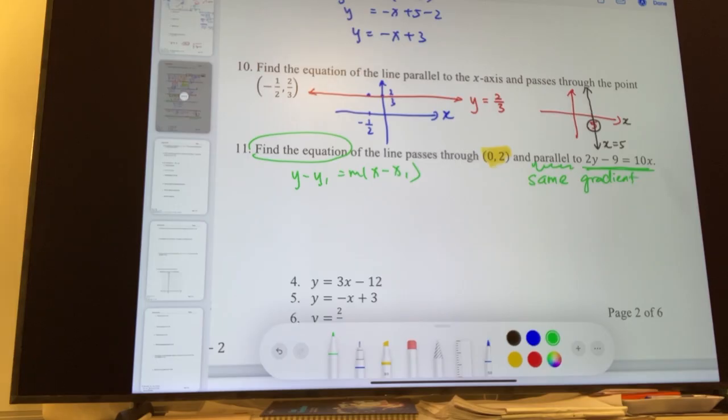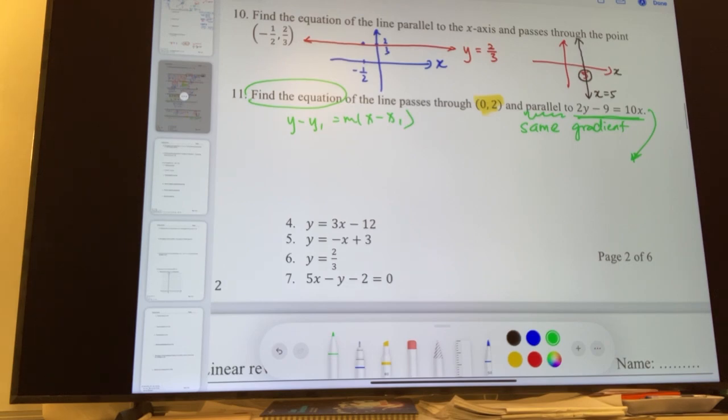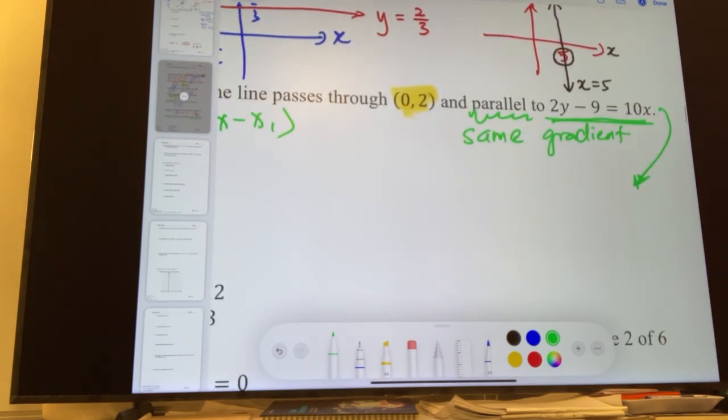Can you find the gradient of this one? Rearrange the equation, make y equal to mx plus c. Okay, can you rearrange that? Okay, everyone, I want you to rearrange the equations. And then divide by 2.